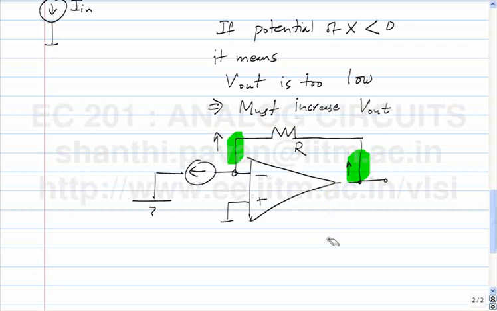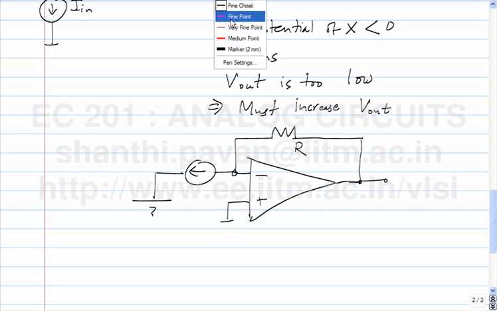So once you made sure without any uncertainty that there is indeed negative feedback here, the next thing to do is to apply the rules for the ideal op-amp, which are this potential is ground, and by the rules of the op-amp embedded inside a negative feedback loop, what must be the potential at the inverting terminal of the op-amp? Must be 0, and no current flows into the terminals of the op-amp.